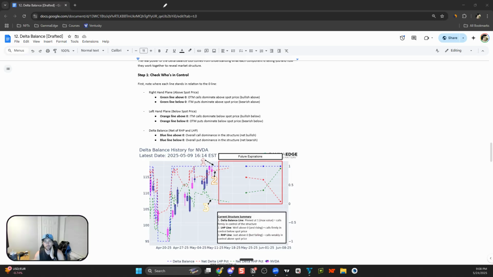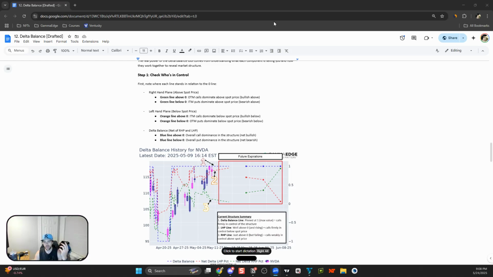Above zero is overall call dominance, below zero is overall put dominance. Remember that this is an oscillator pinned between -1 and 1. In bullish times, we always see this pinned to 1, and in more bearish times, we see it pinned to -1. In between those two levels is generally where we're getting some kind of market shift.